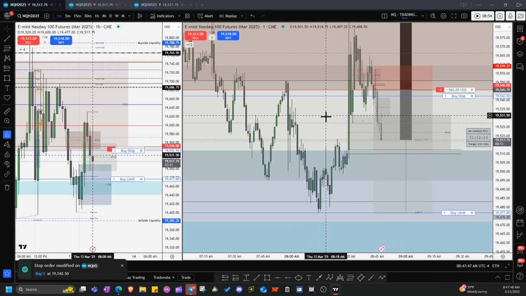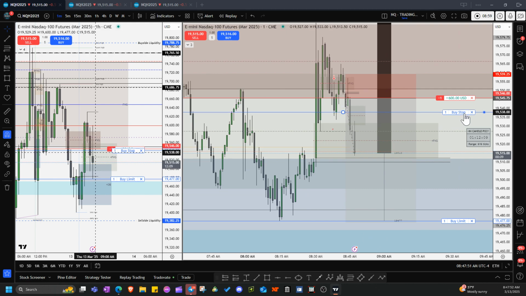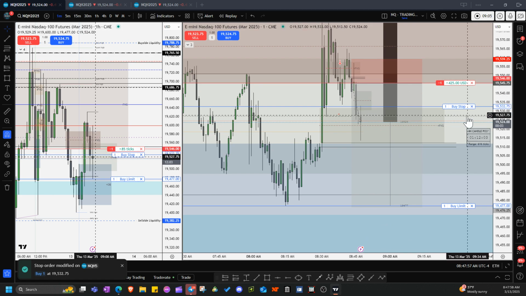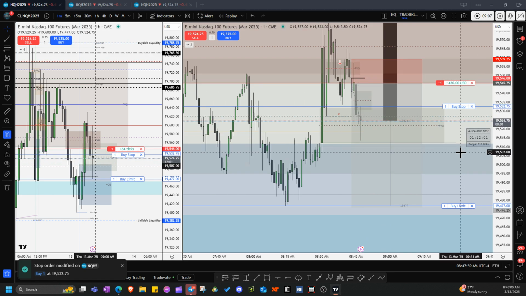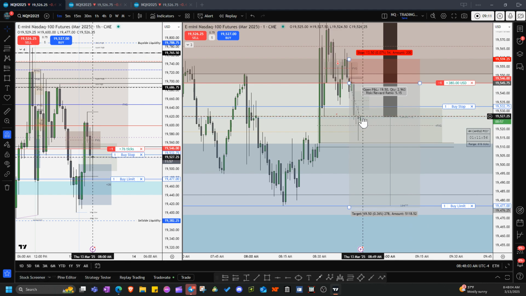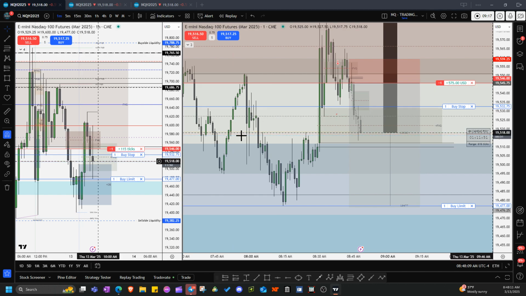Okay, so far so good. We have that volume imbalance here. We will shift stop loss up here because if it doesn't want to come higher, at least we got some money from this trade. Ideally, I want to see price push lower from here now. We're inside of this bullish BISI 50%.